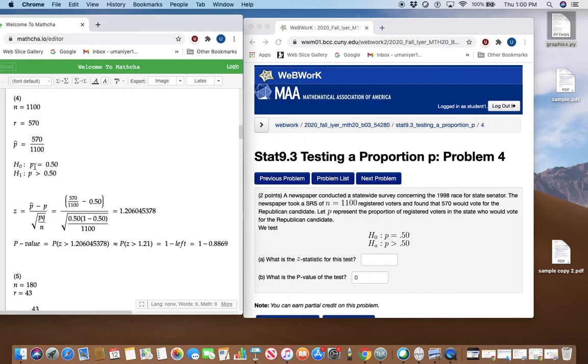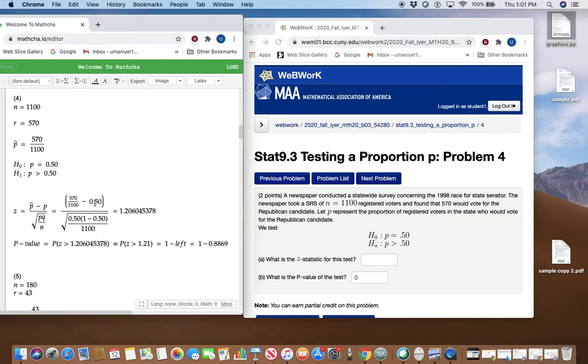So the null hypothesis is the proportion is 0.5. Well, let's look at our sample. Based on that, the alternative is that the proportion is greater than 0.5. So what is the Z statistic? Well, the same formula, P hat minus P over square root PQ over N. P hat is what you got, minus this is your assumption.